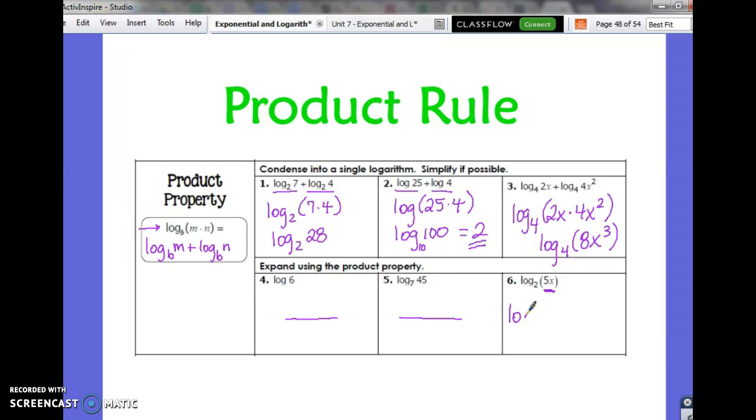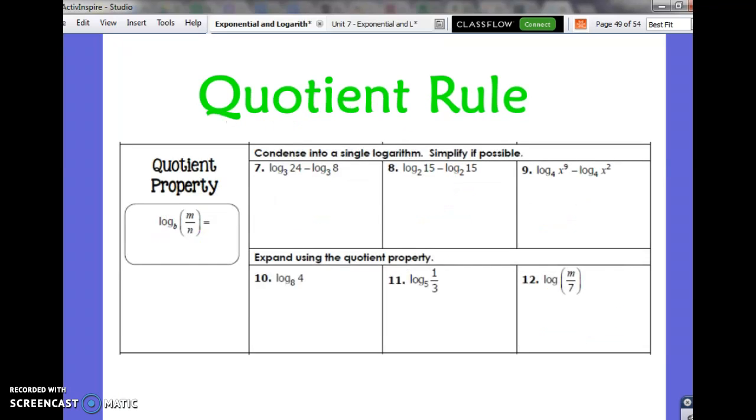So that becomes log base 2 of 5 plus log base 2 of x. Whichever piece of the product is first comes first in your sum, and whichever piece is second comes second in your sum. So that's the product property, or the product rule.